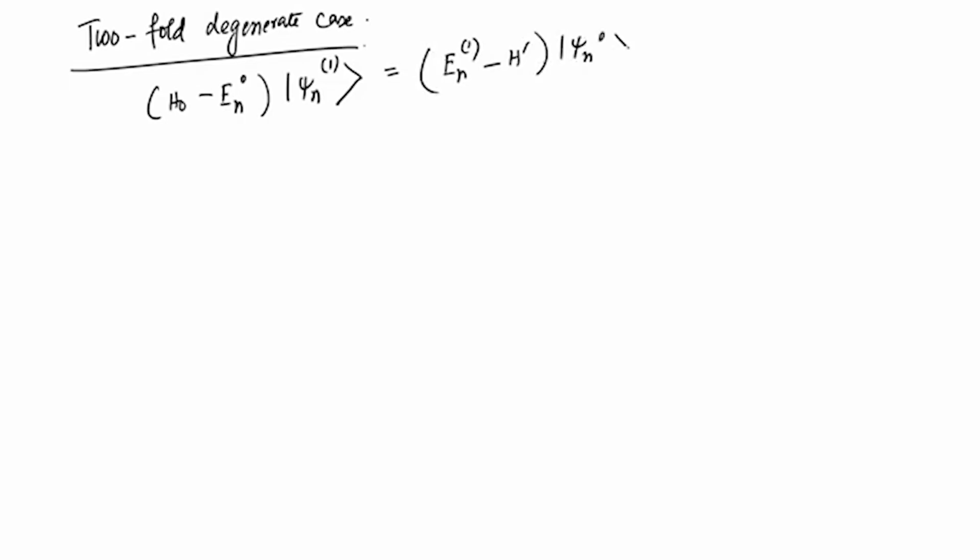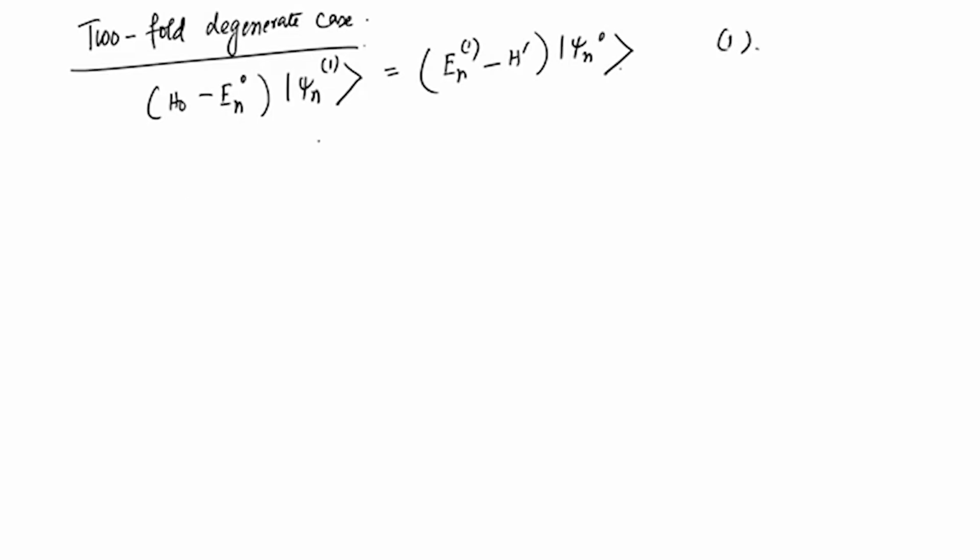And what we have is (H0 minus E_n^0) ψ_n^1 is equal to (E_n^1 minus H') ψ_n^0. This is the starting point, and let us call this equation 1.